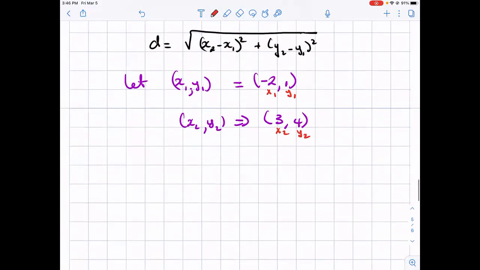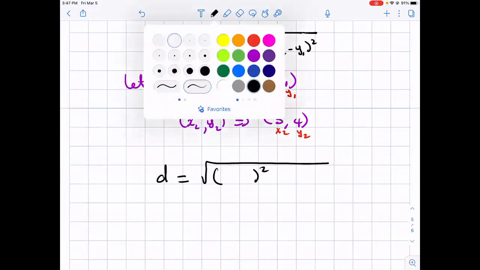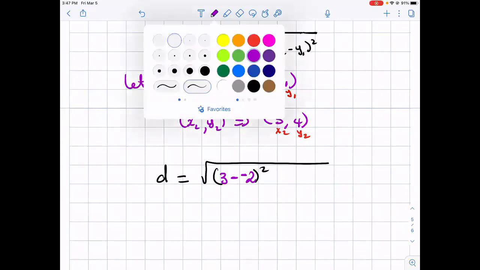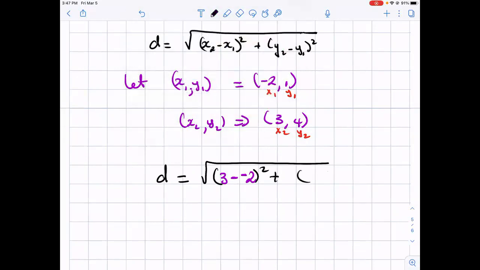Now if we plug those into the distance formula, d is equal to the square root of x2, which we know x2 is 3, minus x1 is -2, plus y2, which is 4, minus y1, which is 1.